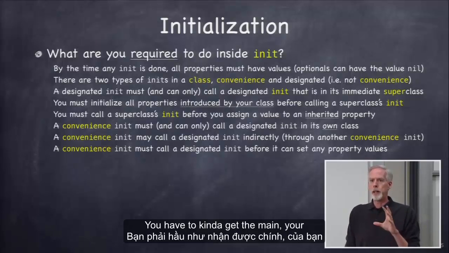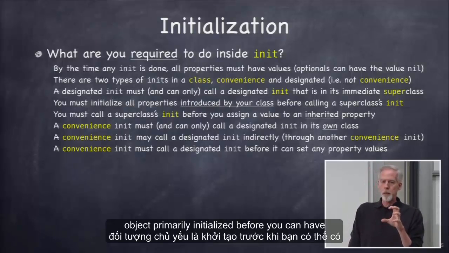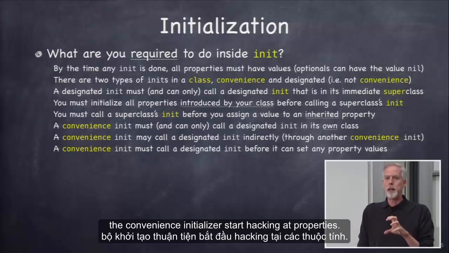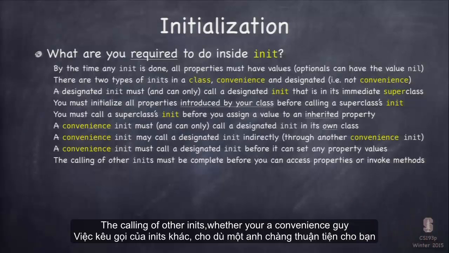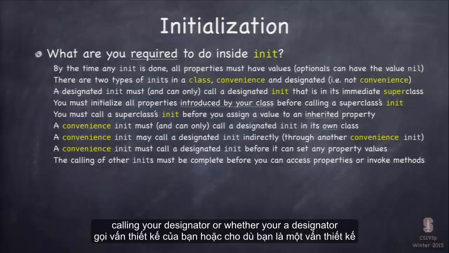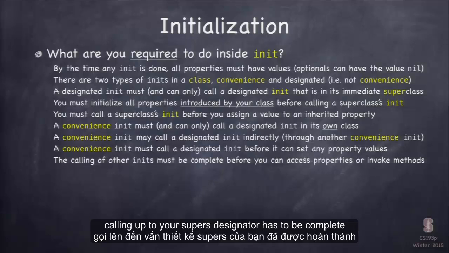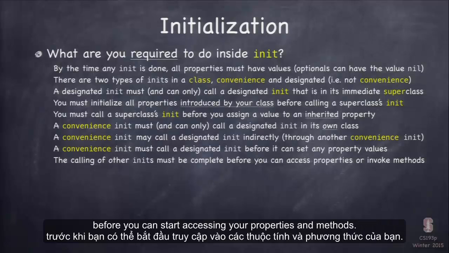You have to get your object primarily initialized before you can have the convenience initializer start hacking at properties. The calling of other inits, whether you're a convenience initializer calling your designated one, or you're a designated one calling up to your super's designated one, has to be complete before you can start accessing your properties and methods.